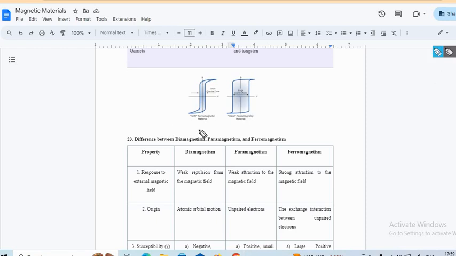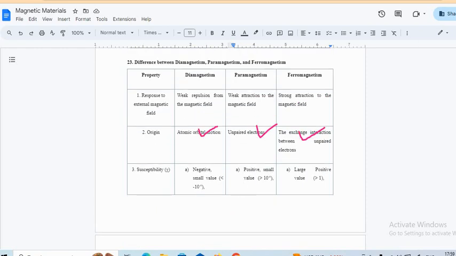Now we can compare three types of magnetic material: dia, para, and ferromagnet. What is the most important part? The most important part is the domain, the main thing about that magnetic material. For the diamagnetic material, it's the orbital motion.